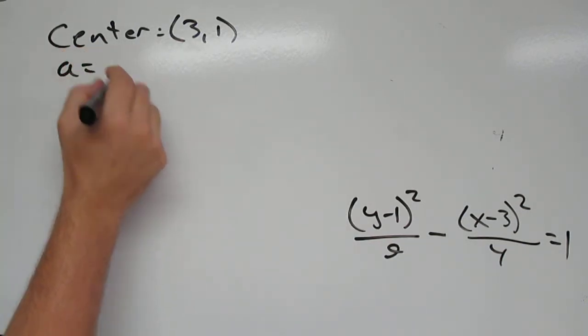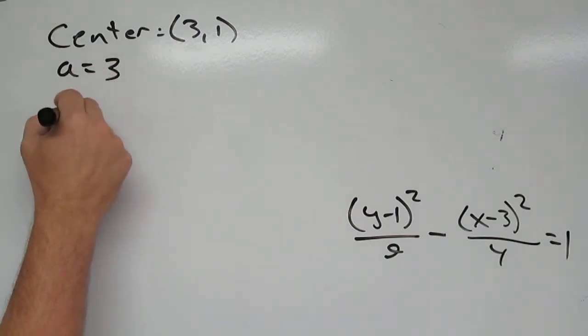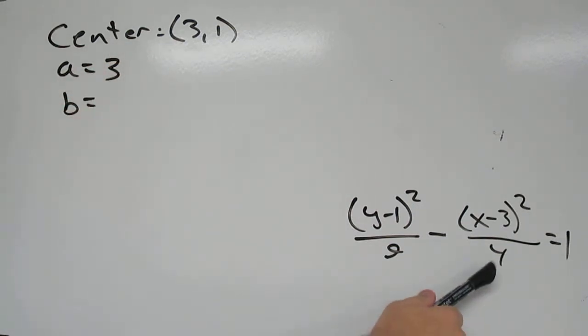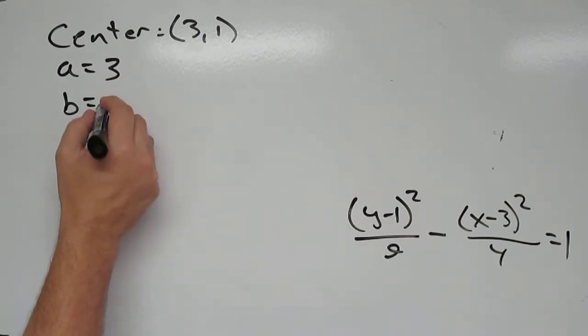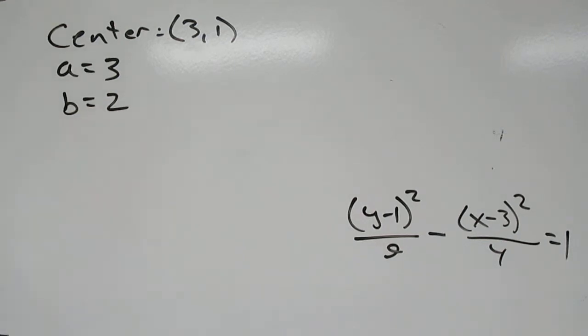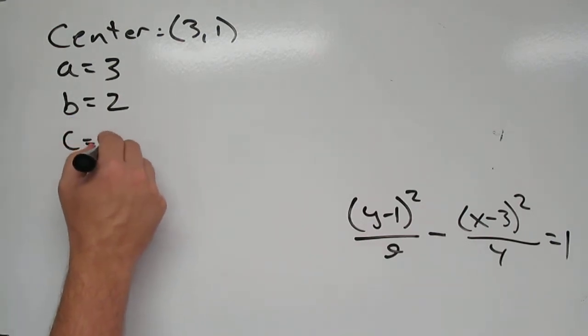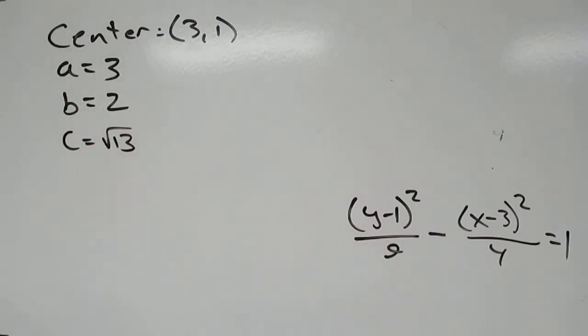Well, A is always that semi-transverse axis, so that's going to be 3. B is going to be the semi-conjugate axis, and so that's equal to 2. And if I do Pythagorean theorem, as opposed to an ellipse where I would subtract these, now I'm going to add them up and I'm going to get C is the square root of 13.